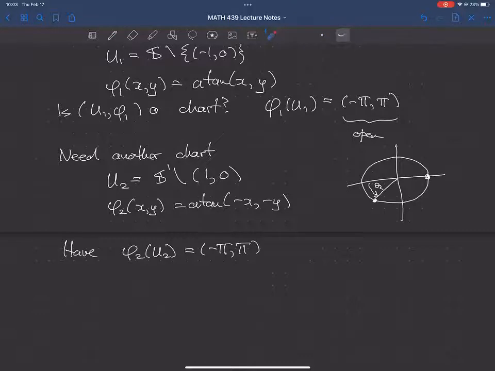Because I go from minus pi to pi. So now I have possibly an atlas. Certainly it covers S1, but what I need is for these two charts to satisfy the compatibility condition.